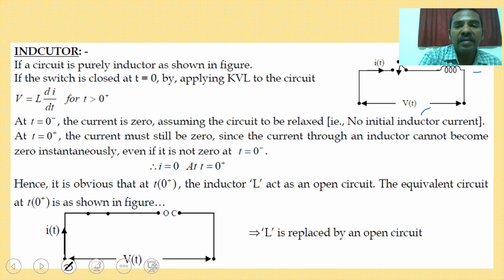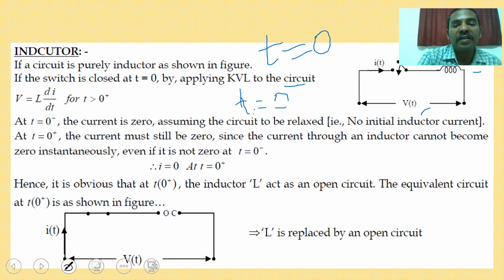So at t is equal to 0, we are having two conditions. One is t is equal to 0 minus condition, and another one is t is equal to 0 plus condition. 0 minus means just before the switch is closed, 0 plus means immediately after the switch is closed.